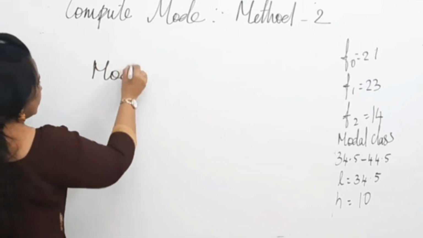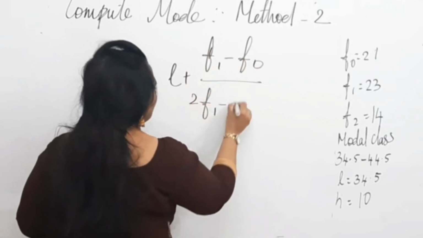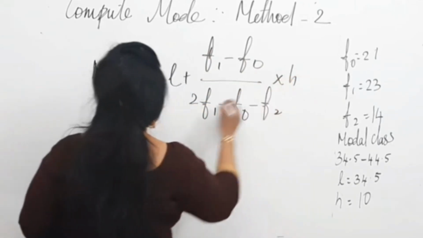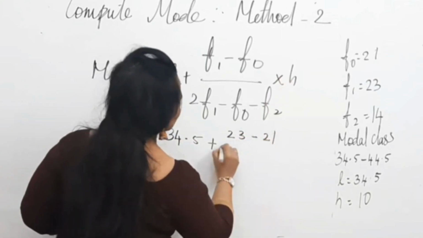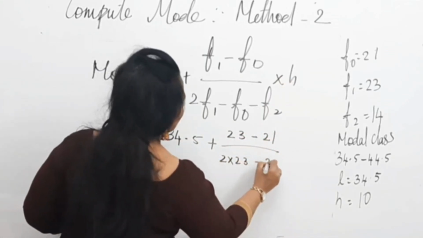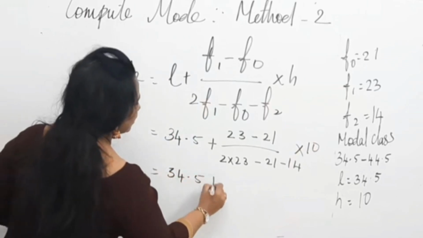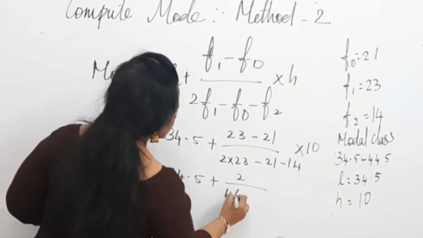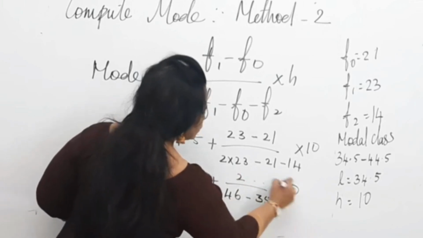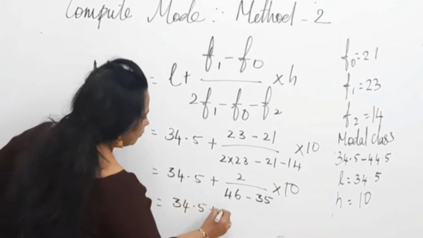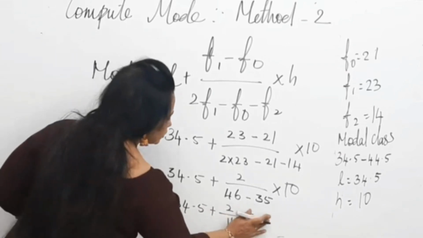So mode is equal to L plus F1 minus F0 divided by 2F1 minus F0 minus F2 into H, which is equal to L is 34.5 plus F1 is 23 minus 21 divided by 2 into 23 minus 21 minus 14 into H is 10, which is equal to 34.5 plus 2 by 2 into 23 is 46 minus 21 minus 14 is 35, which is into 10, that's equal to 34.5 plus 2 by 46 minus 35 is 11 into 10, which is 20. I can write 2 into 10 is 20.